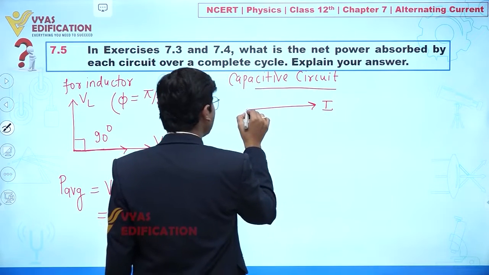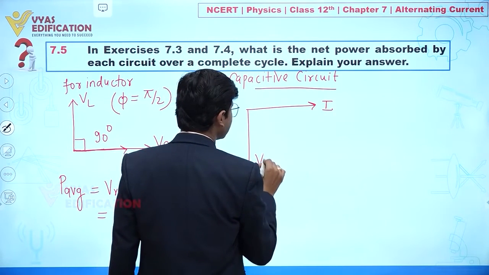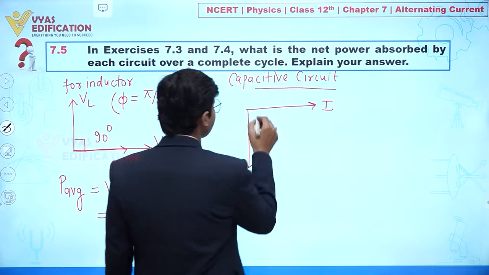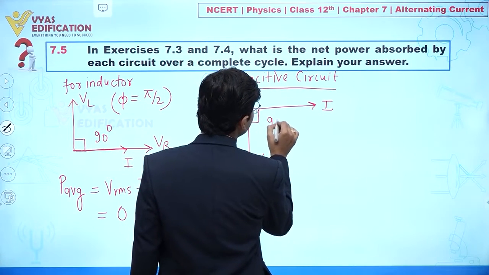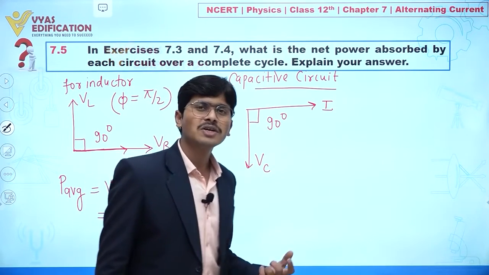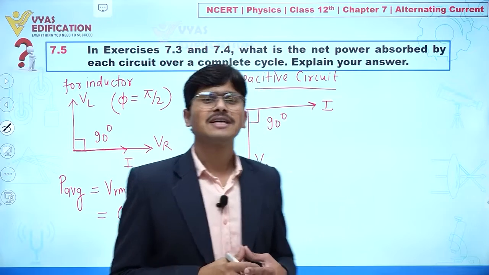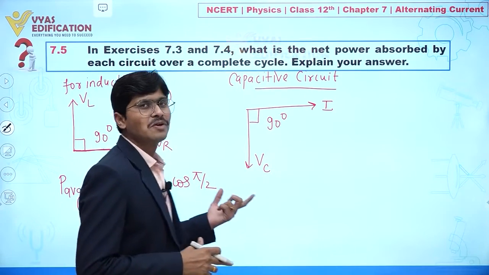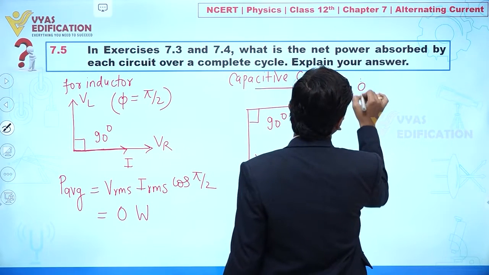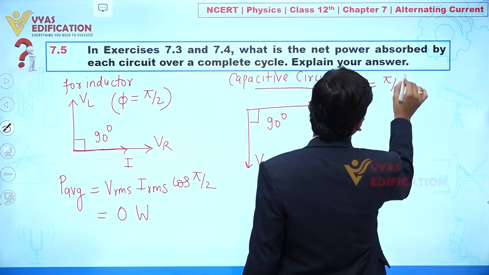And we find the voltage, or potential difference, across the capacitor in this direction. Again you will find the phase difference between current and voltage is 90 degree. In a purely capacitive circuit, current is leading voltage by 90 degree. So again we have a phase difference equal to pi by 2.